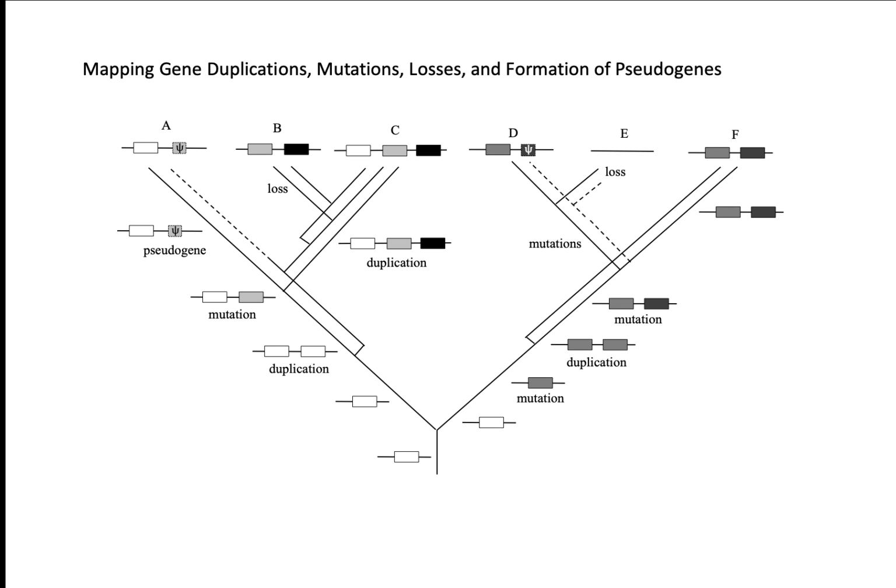And on the other branch also you see mutation, duplication, more mutation, losses and formations of pseudogenes on that line as well. And so you can plot those on these trees also and come out with a sequential change pattern in those different taxa.